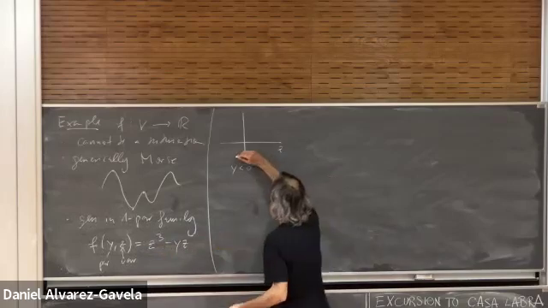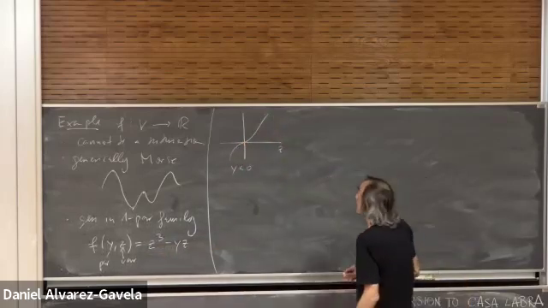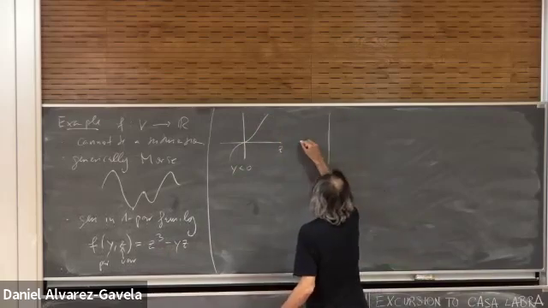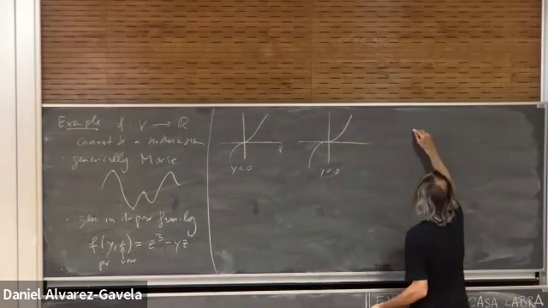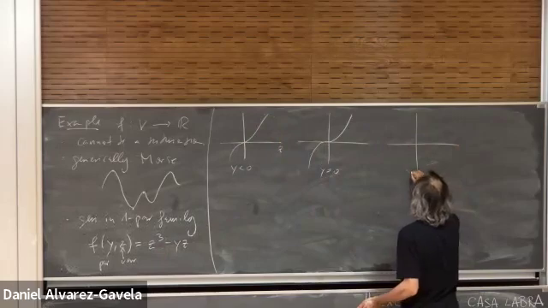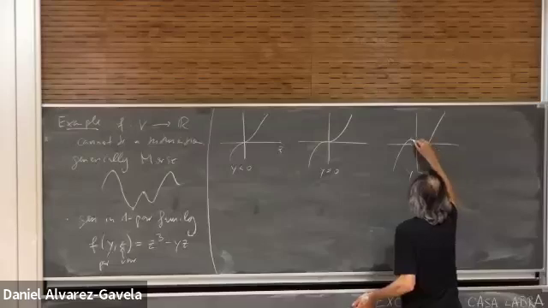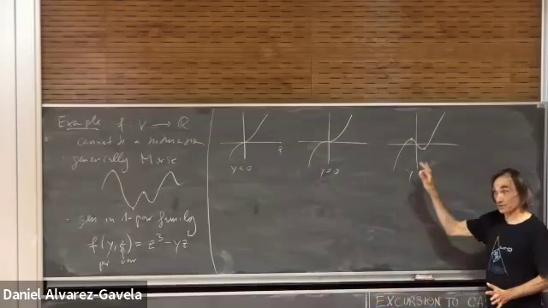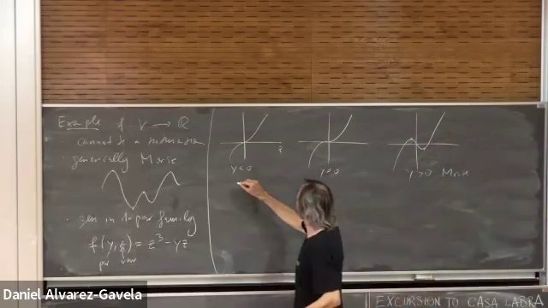So this function has no critical points. Now at y equals 0, well, we can just draw it. We know it all. And at y bigger than 0, we'll see this picture. So those are two non-degenerate critical points. So this is Morse. Well, this is also Morse.